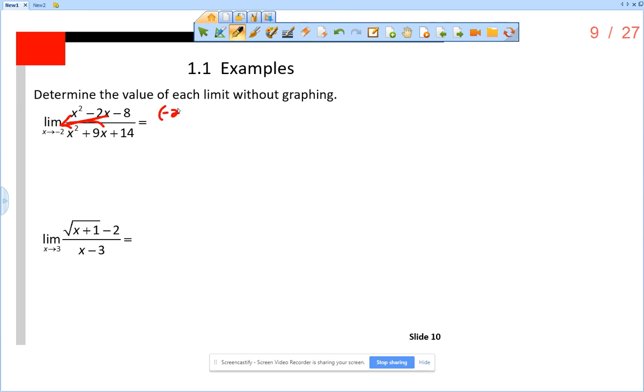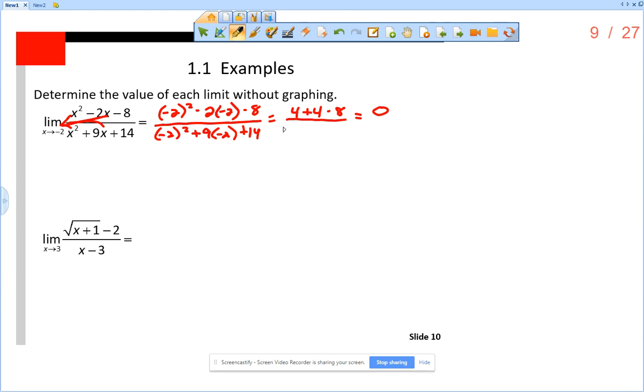So I get (-2) squared minus 2 times -2 minus 8 divided by (-2) squared plus 9 times -2 plus 14. All right, so (-2) squared is +4 minus 2 times -2, that is plus 4 minus 8. That gets me 0 in the numerator.